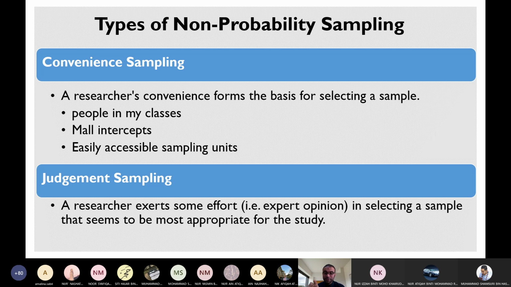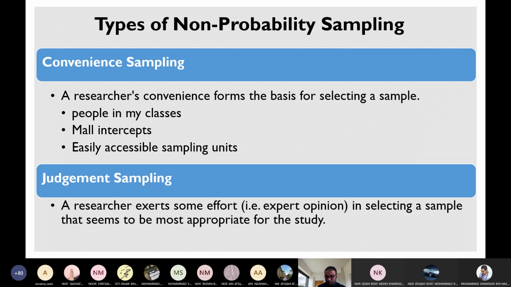For example, for you who decided to do research among students, among IIM students, or among third-year students, these are all examples of convenience sampling technique for us.